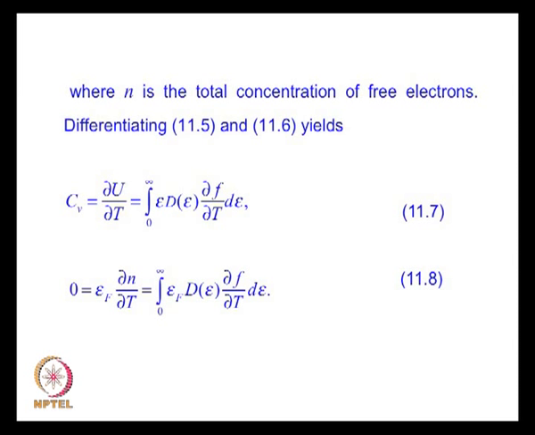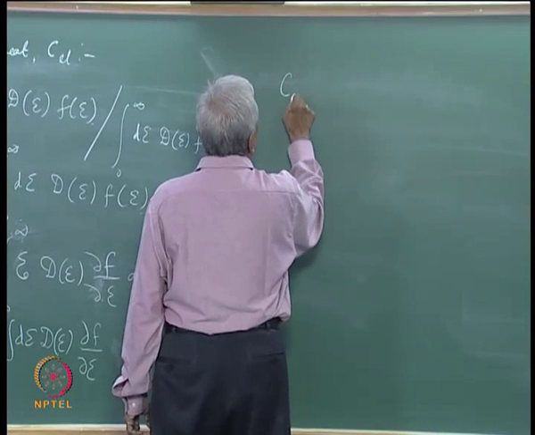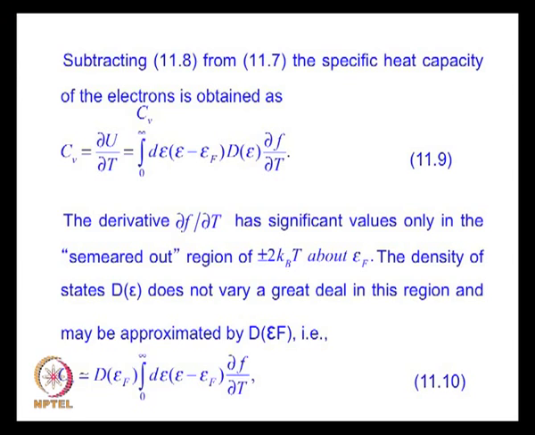Taking these two together, we can write an expression for the electronic heat capacity C electronic as integral dE, E minus E F, times D of E dF by dE.